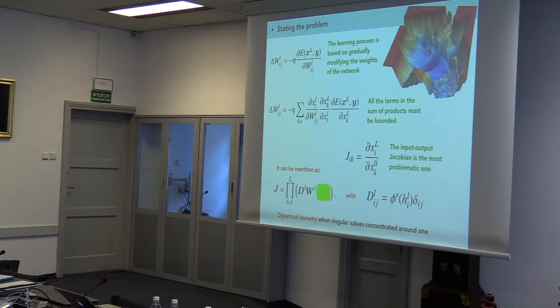And you can see the problem up close here when you ask the question, how learning occurs. Okay, and it occurs basically by adjusting the weights proportionally to the gradient of the cost function for this task.